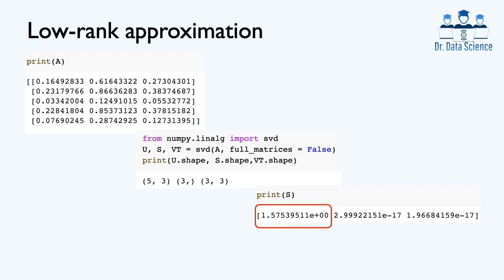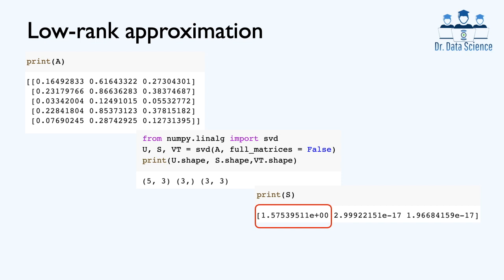And here, to explain low rank approximation, I've created this matrix A, which has 5 rows and 3 columns. And we import SVD. And here I'm setting full_matrices to be False.